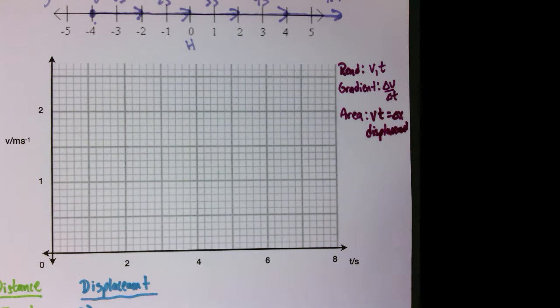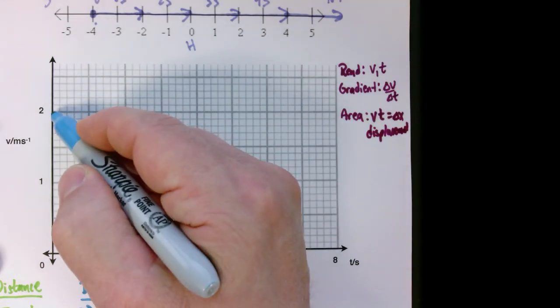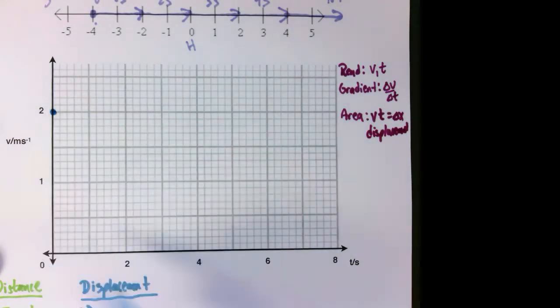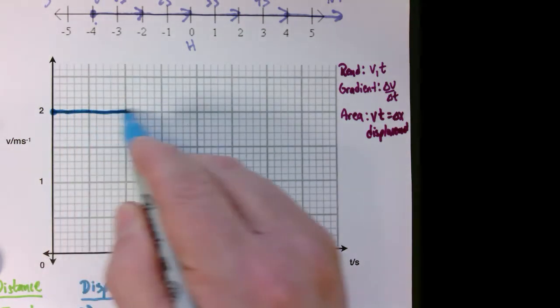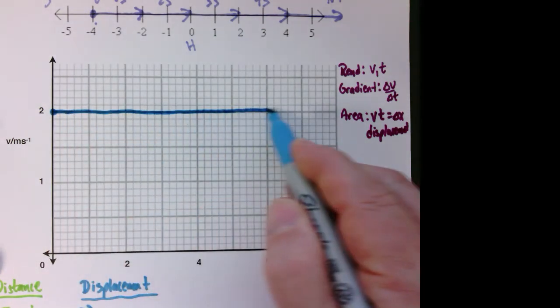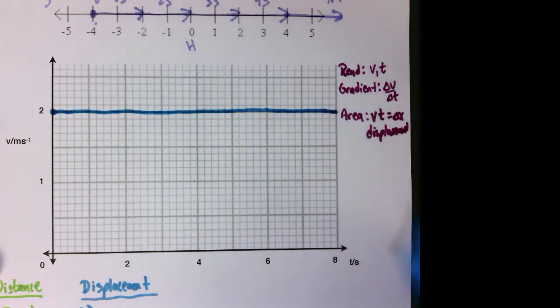So in our situation here, it starts out at a velocity of positive 2, and we are told that that velocity remains the same for the entire 8 seconds.